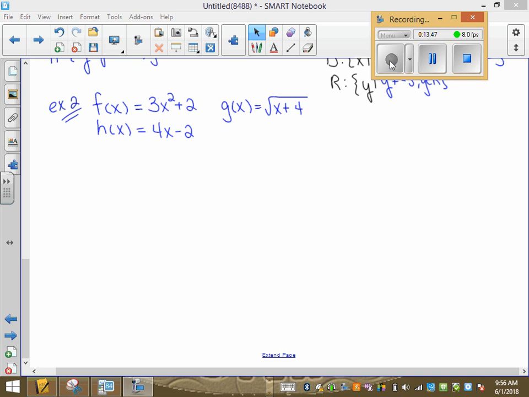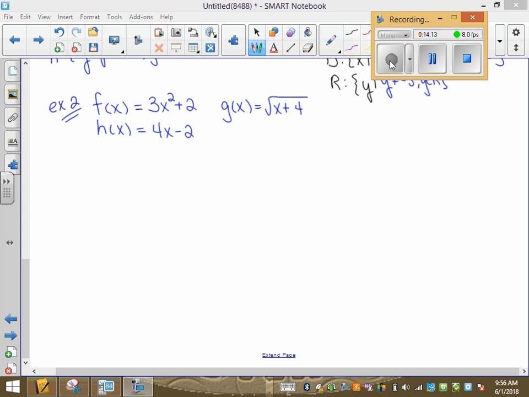Okay, so the biggest hardest part in this question is actually the square root. If the square root is involved in any adding, subtracting, multiplying, dividing, you're going to have a restriction. Just like with rationals, we have a restriction on our x based on our denominator. We agree? With radicals, we have a restriction if we have a variable under the radical because we can't have what under a radical? Negatives or zeros.